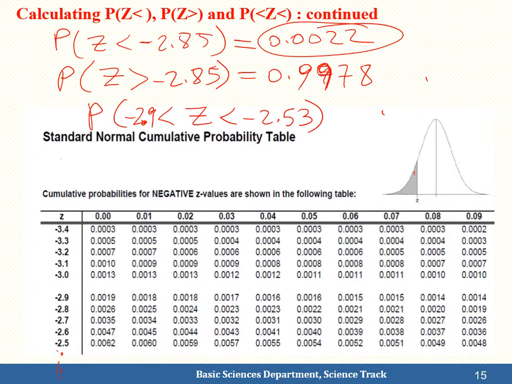Since I have a double-sided inequality, I will write it this way: the probability of z less than negative 2.53 minus the probability that z is less than negative 2.9.